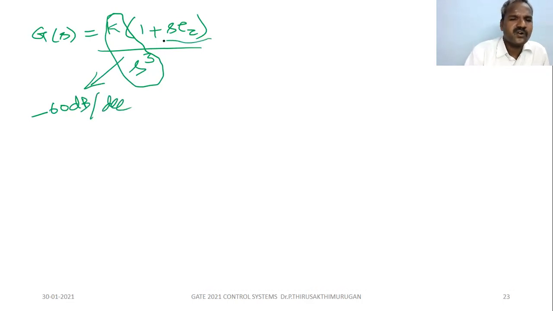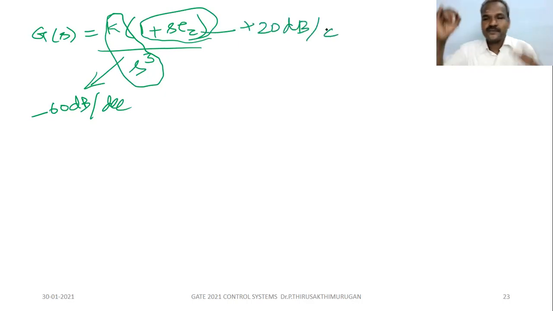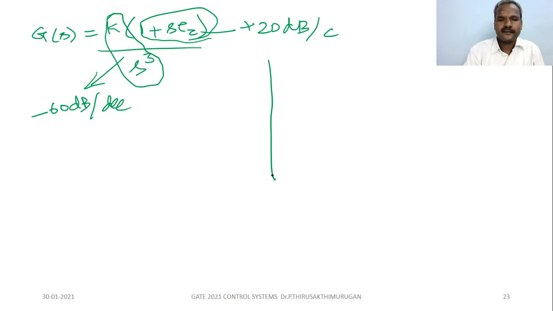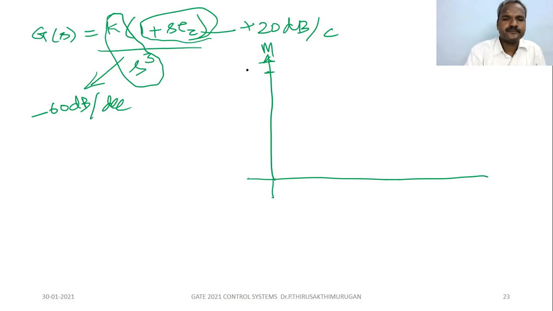This one zero contributes plus 20 dB per decade. You can easily tell that slope change occurs only at the corner frequencies. Here the corner frequency is 1 by tau z, so initially it is minus 60 dB.